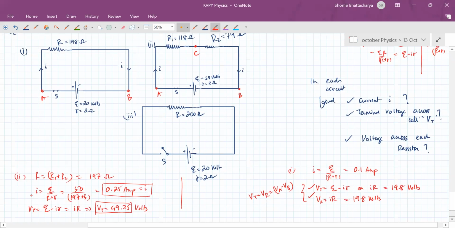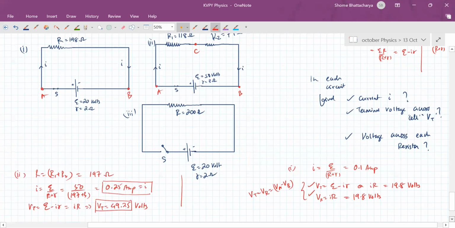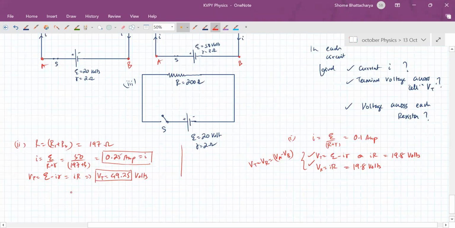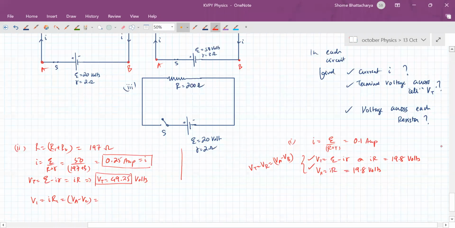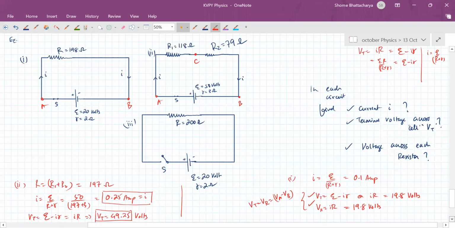And the voltage across the first resistor, IR1, that is the potential difference between these 2 points, VA minus VC basically. So that will come out to be, R1 was how much now? 118. So 1/4 of 118.